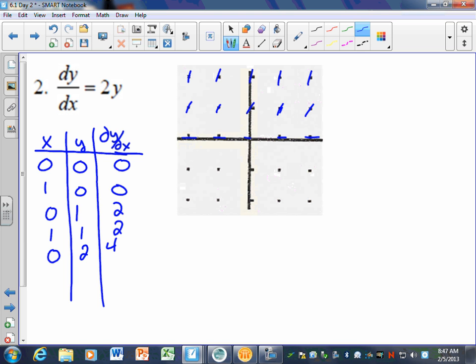What's going to happen down here? Because it's going to be negative, right? At -1, we're going to have a slope of -2, so it's going to be just like this, only it's going to be negative. I'm going to go with my new cheating method here.